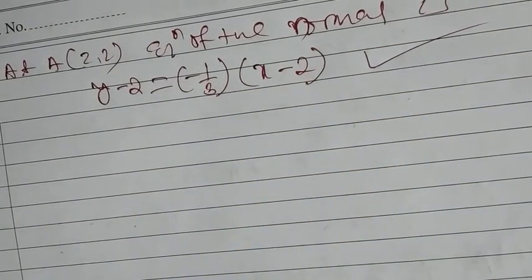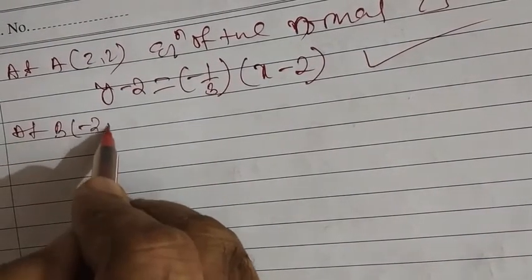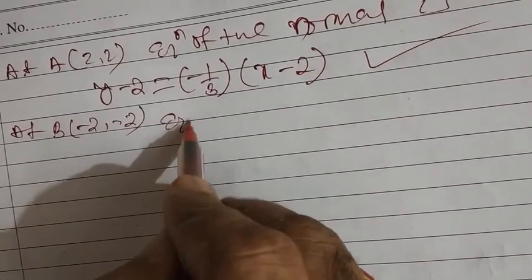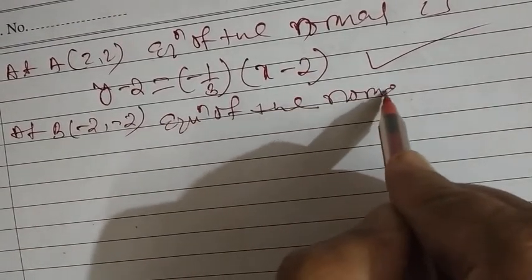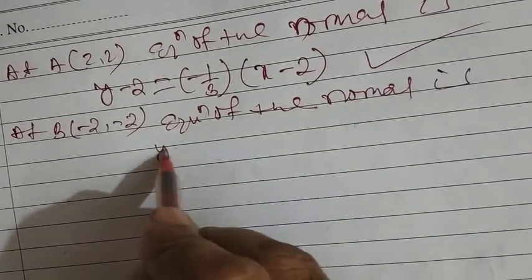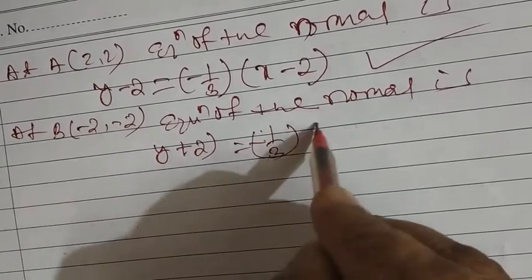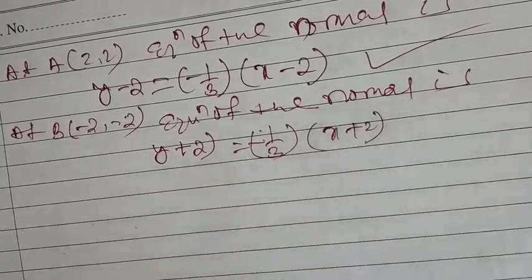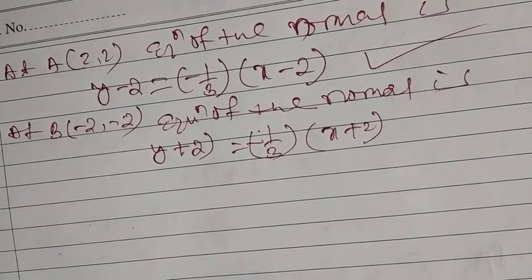Simplify and get. And at B (minus 2, minus 2), the equation of the normal is y plus 2 equal to minus 1 by 3 into x plus 2. Over. Aa raha hai samajh mein?